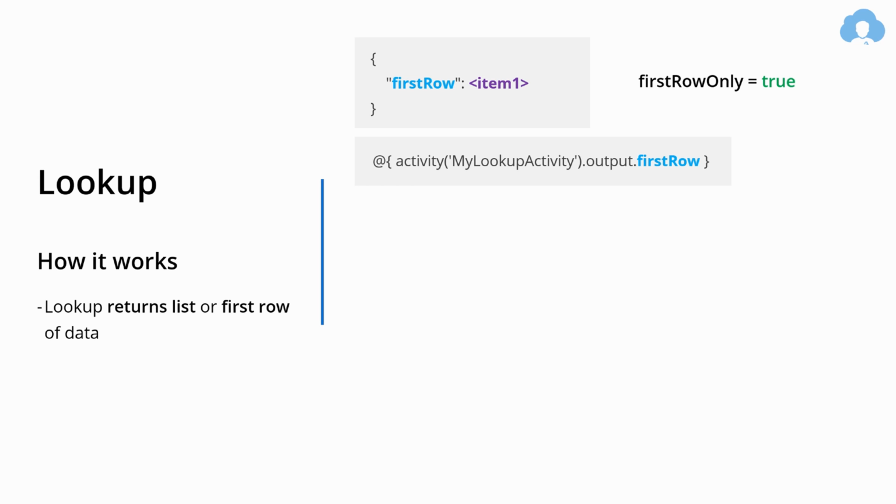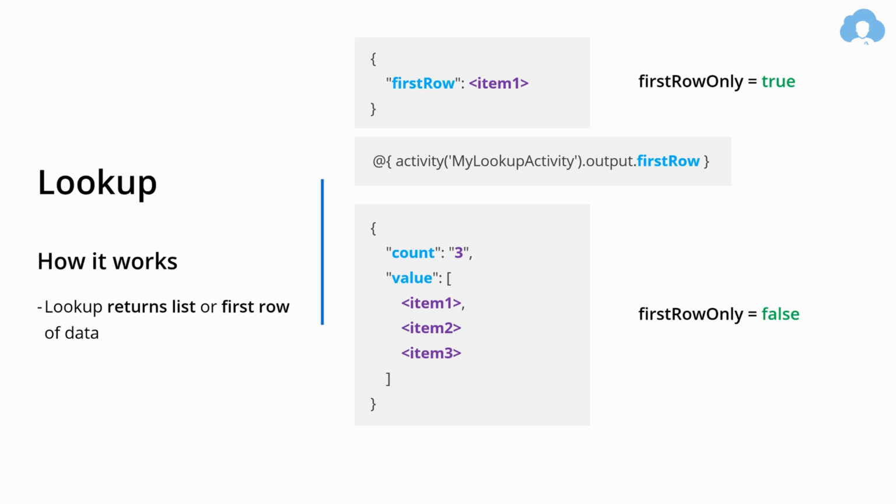This will return your item. On the other hand, if you uncheck this box, you're gonna get an object with 2 properties: a count containing the number of rows returned from your data source, and a value containing an array which has all the rows from your data source. And accessing it is fairly simple because you use either output.count or output.value to get a count and a value respectively.